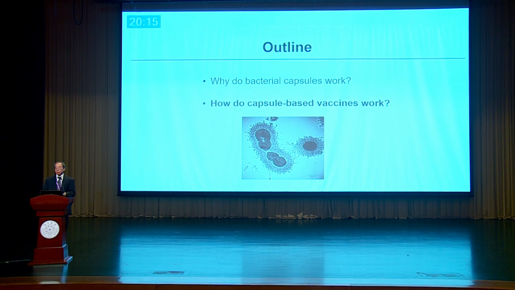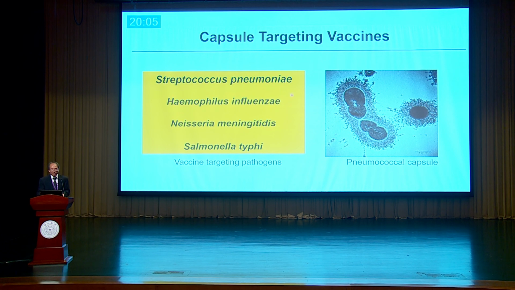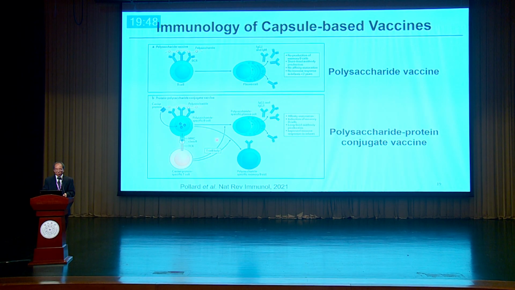Okay, so let's skip ahead to how the bacterial capsule is used as an effective vaccine antigen. As you know, a few invasive bacteria, Staph aureus, Haemophilus, Neisseria, and Salmonella typhi, have had their capsules developed into effective vaccines.